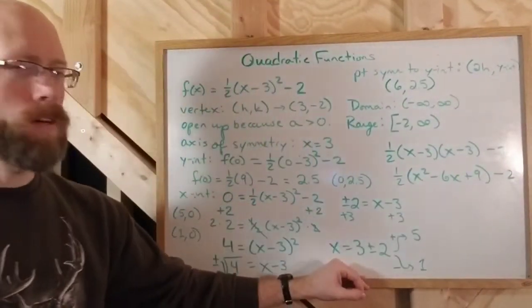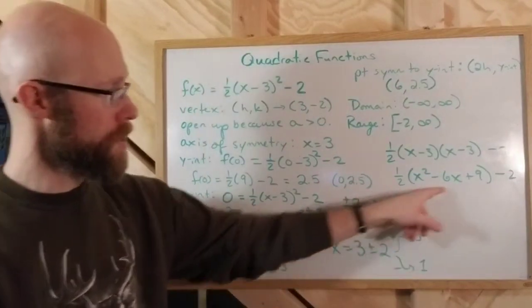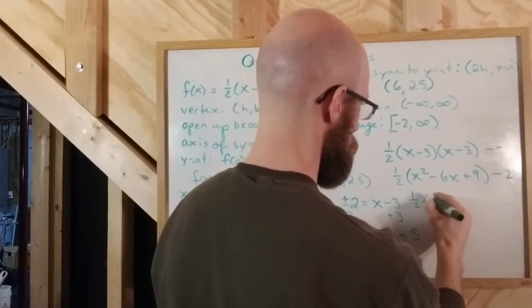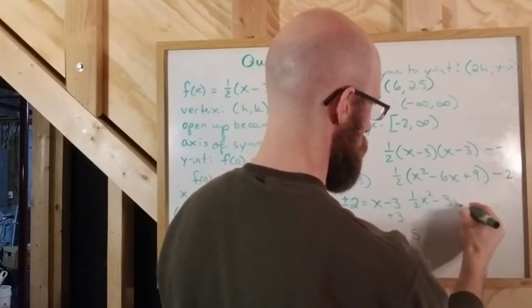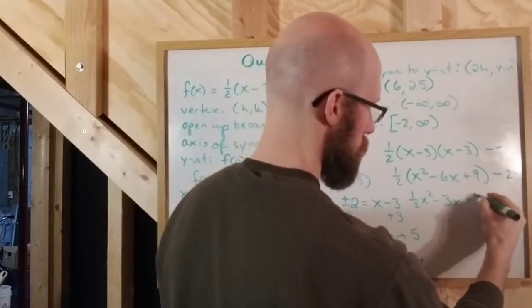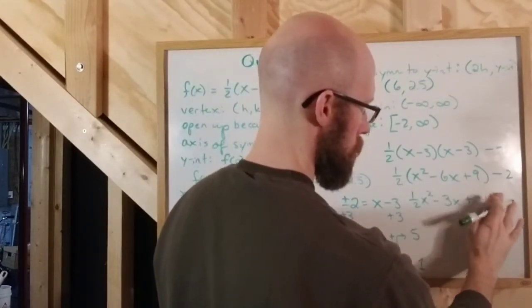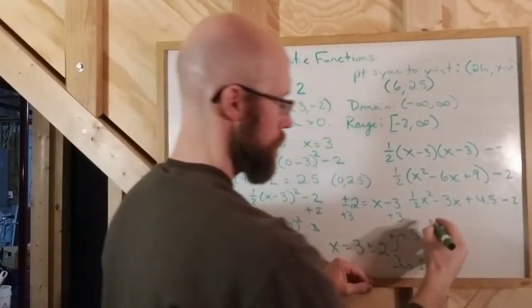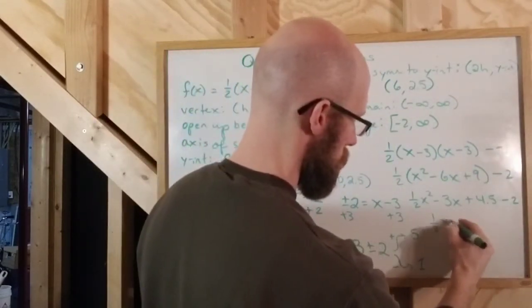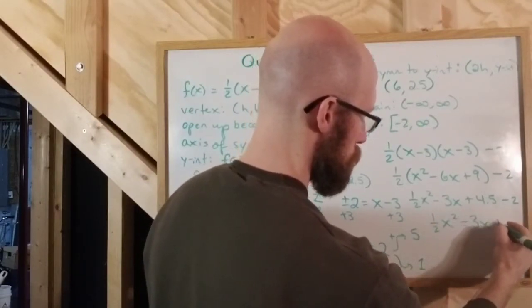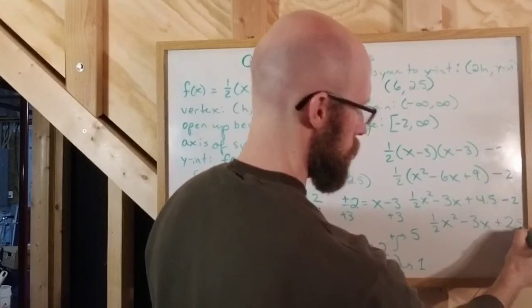From there I distribute the 1/2, so I get 1/2 x squared minus 3x. Half of 9 is 4.5. And then the -2, and I simplify at the end: 1/2 x squared minus 3x plus 2.5.